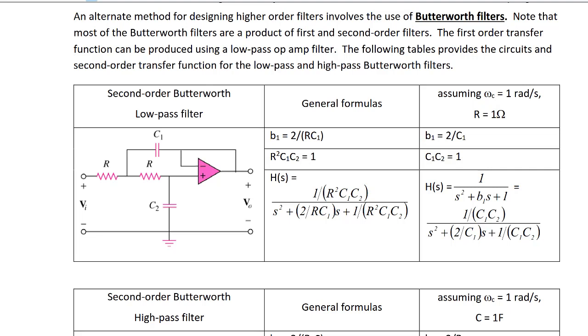If you scale this prototype so that omega c is 1 radian per second, R is equal to 1 ohm, and K, the gain, is equal to 1, B1 is equal to 2 over C1, C1 C2 is equal to 1, and the transfer function is 1 over S squared plus B1S plus 1, which equals (1 over C1 C2) over S squared plus 2 over C1 S plus 1 over C1 C2.